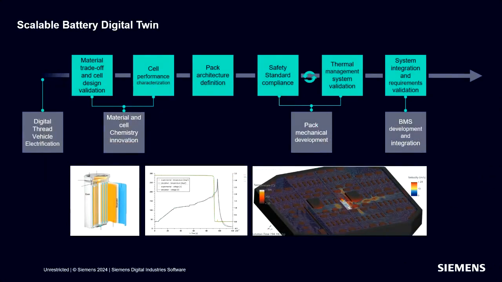And to summarize, we used Battery Design Studio, which uses a 1D approach, to understand if we were meeting that fast charge requirement between 10 and 80% within 30 minutes.